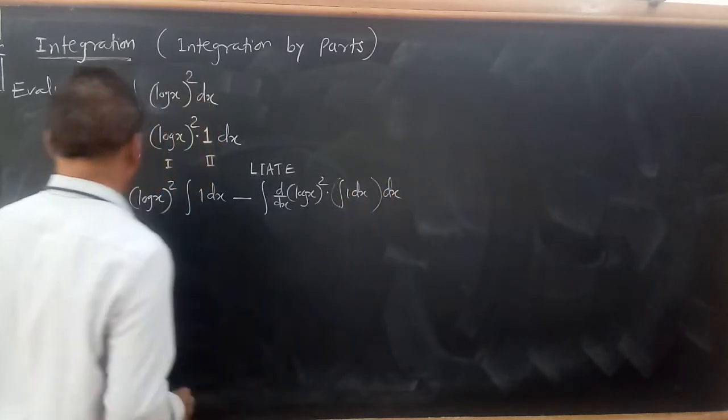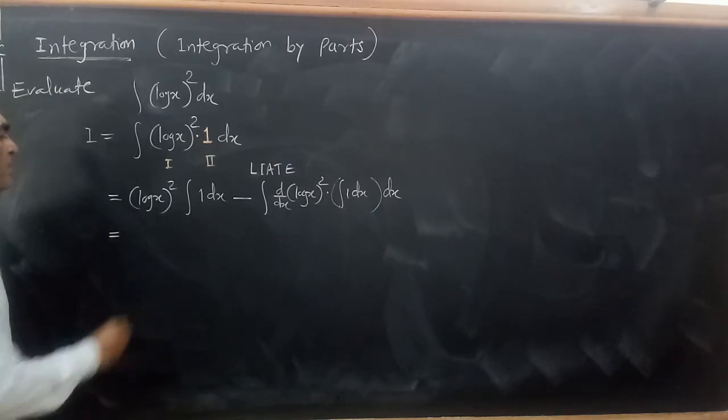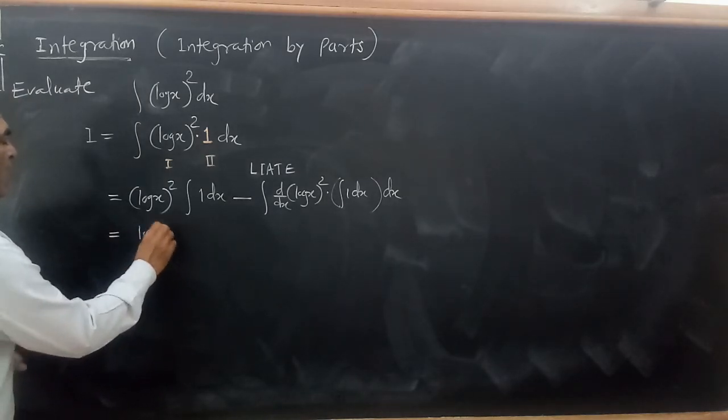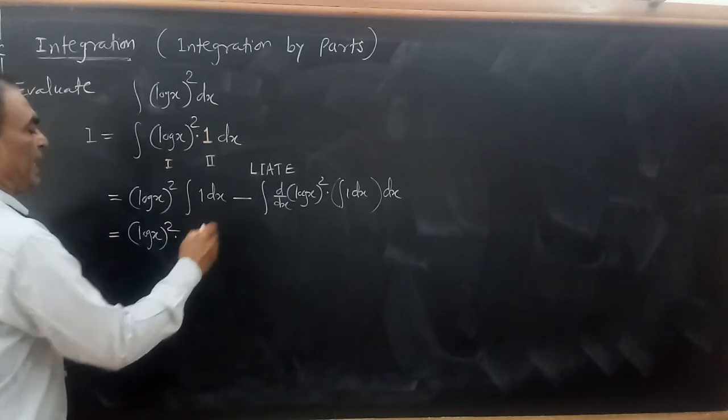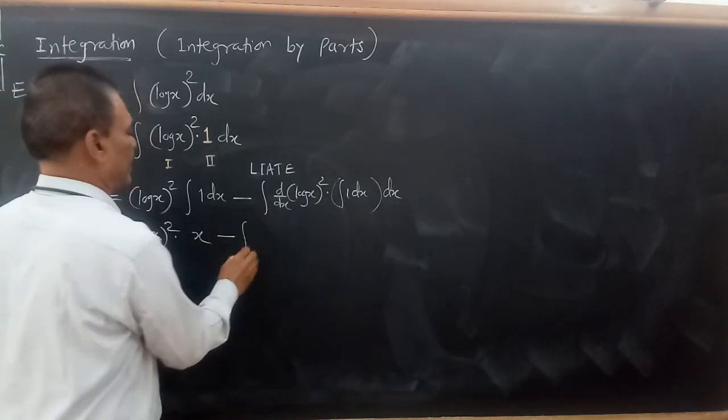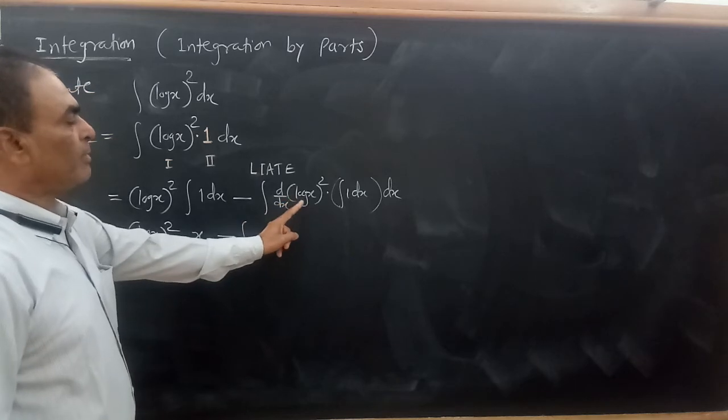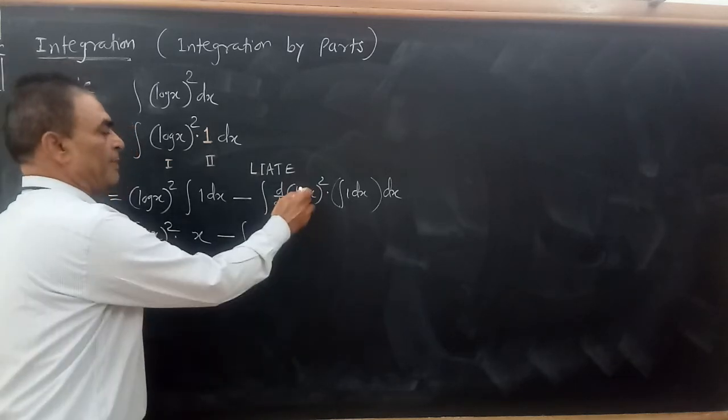Which is equal to log x bracket square. What is integration of 1 dx? X, minus integration of derivative of log x bracket square. What is the derivative of this?